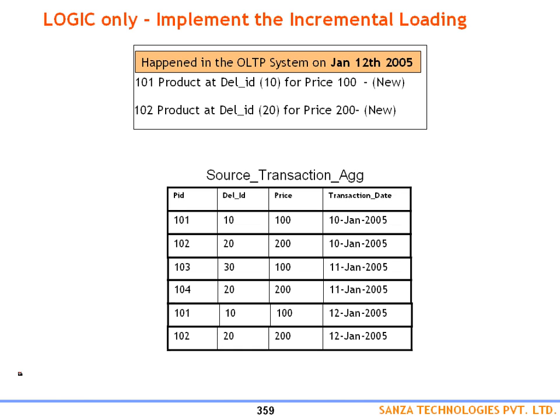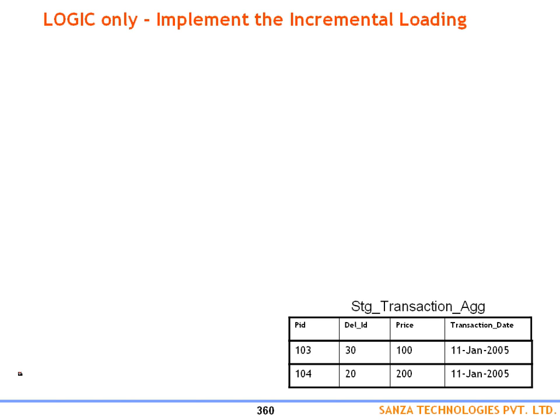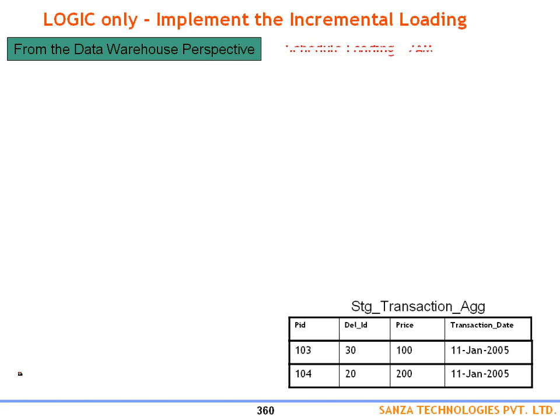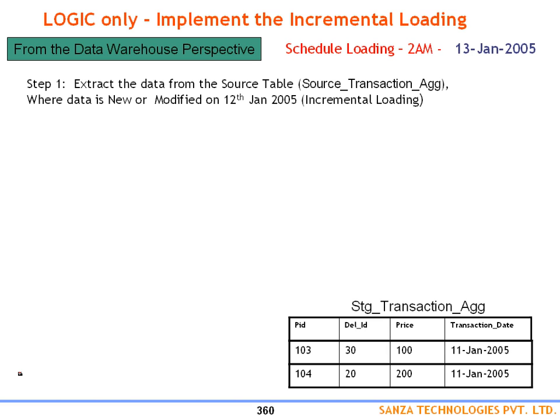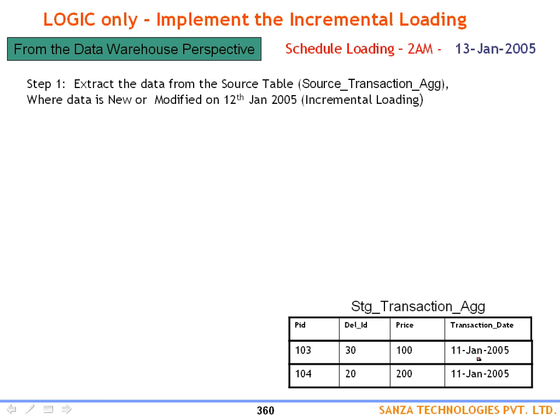Of 12th January 2005. Now how will we do that? This is the data in my staging. From the data warehouse perspective, at 2 a.m. on 13th January, we need to extract the data which happened on 12th January. How are we saying this? Because we already loaded the data up to 11th January into the staging in the previous session.